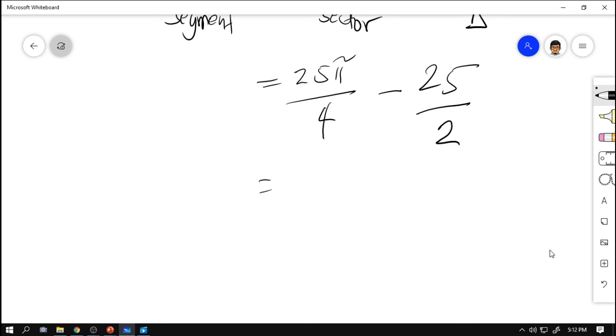So, 25 pi is approximately 78.54 divided by 4 minus 25 over 2. That is 12.5. So, 78.54 divided by 4, that is 19.635 minus 12.5.